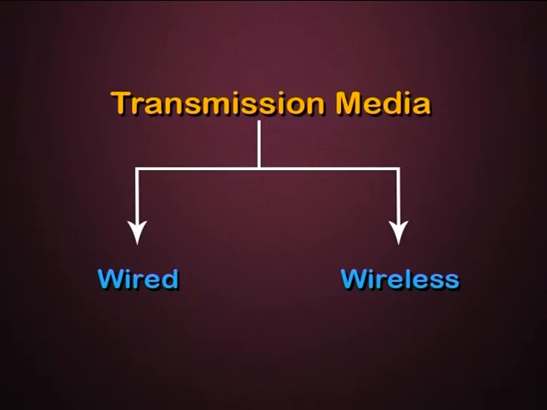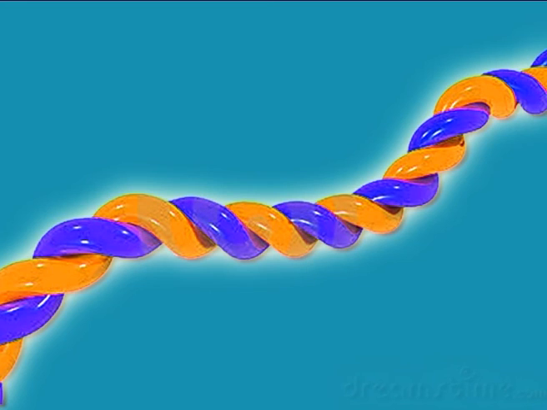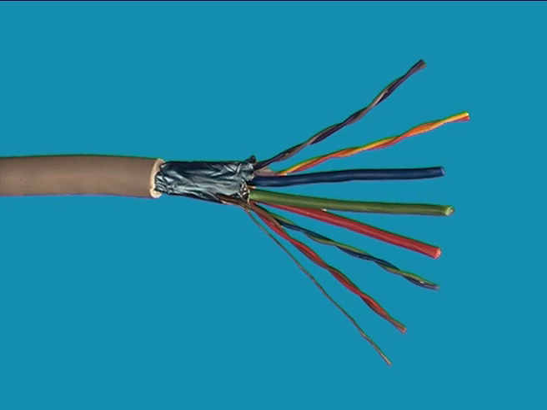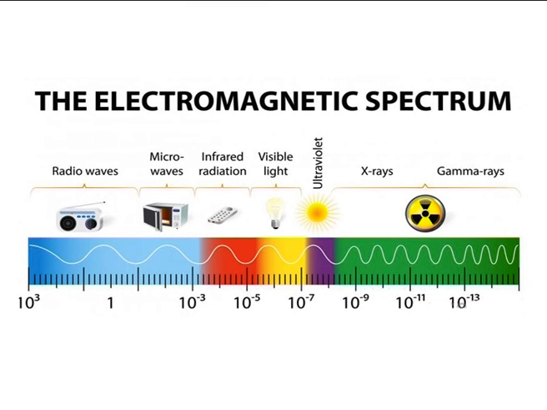The communication media are mainly of two types: wired communication and wireless communication. Wired transmission media includes twisted pair cables, coaxial cables, and optical fiber, and wireless transmission media incorporates infrared, radio waves, microwave, and satellite communication.